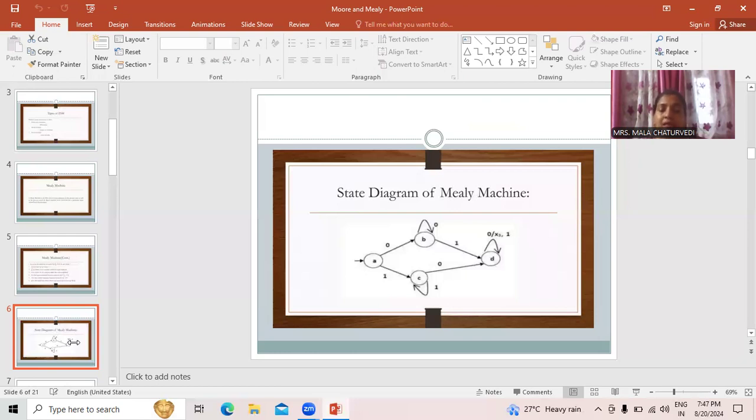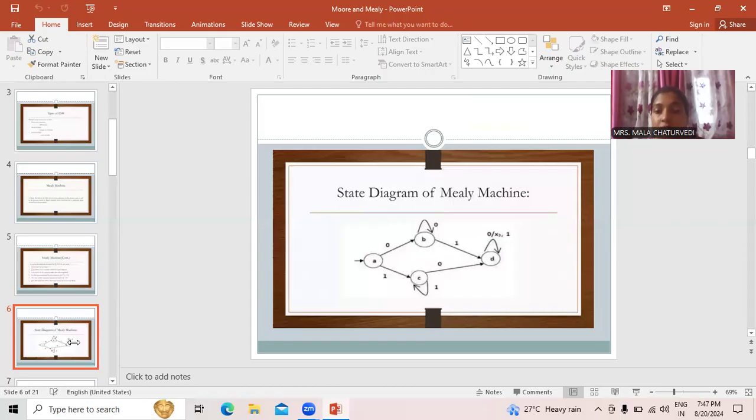What does it mean by slash x3? It means 0 is an input alphabet, and x3 is an output alphabet, which is defined in the 6 tuples as delta.